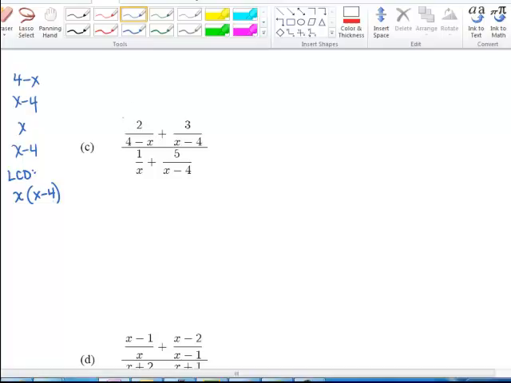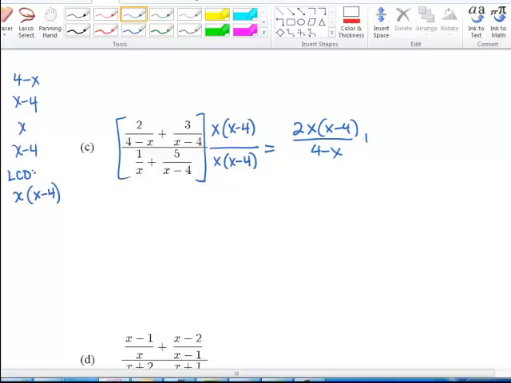So when we multiply the numerator and the denominator by those two factors, when we distribute, we'll have 2x and x minus 4 over 4 minus x plus 3x, x minus 4 over x minus 4.